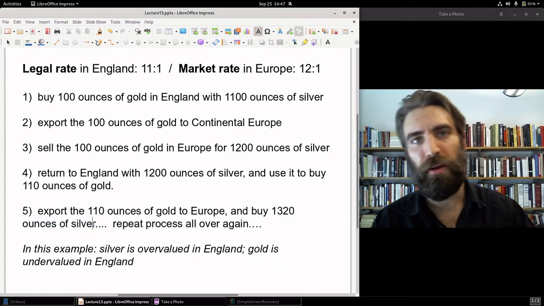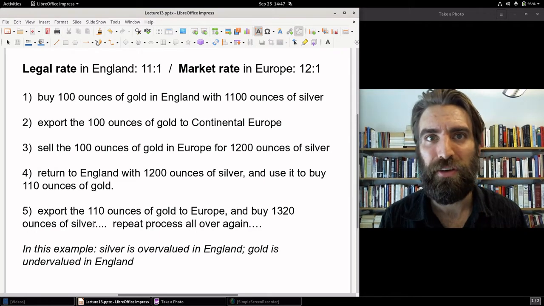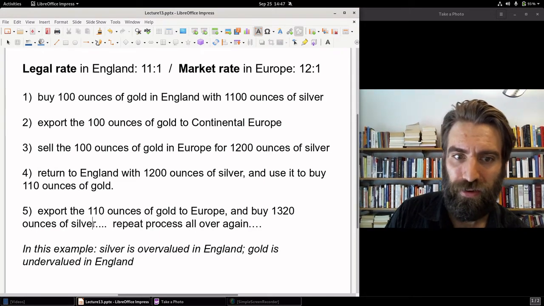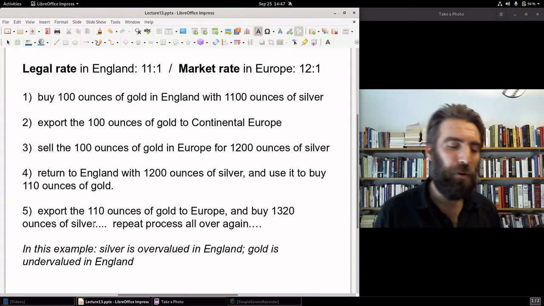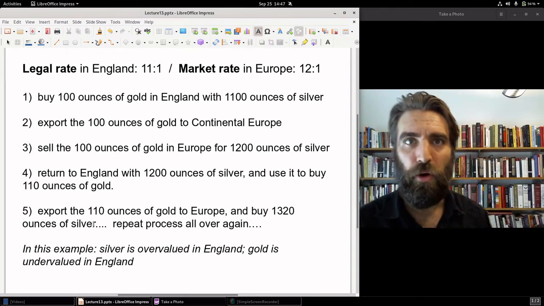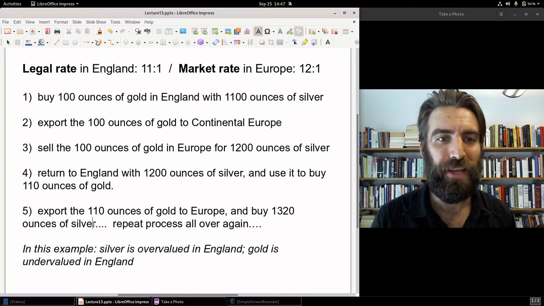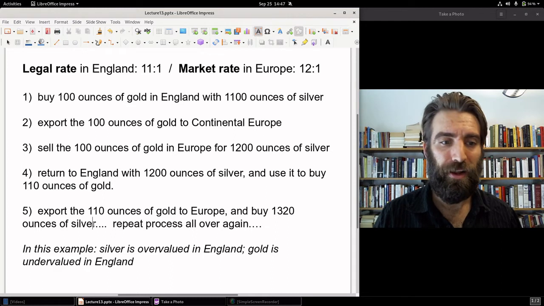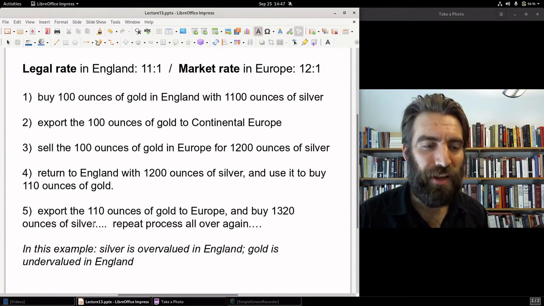Guess what he does? Brings it back to England and is able to buy 120 ounces of gold. Takes that 120 ounces of gold, ships it to Europe, and on and on and on. There were merchants in the early modern period who made a living doing things like this. Now, a lot of it was illegal, but they did it anyway if they could get away with it.